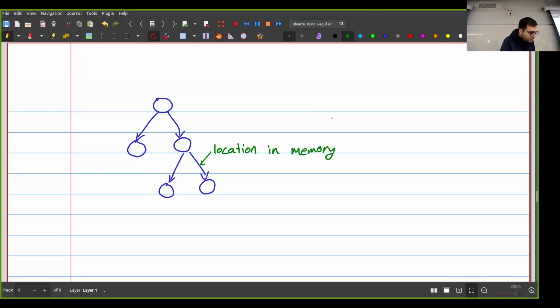So if X is pointing to Y, what X actually knows is where I have stored Y in my memory. Now there is a problem with this kind of pointer, and the problem is that if I change Y, X has no way of knowing that Y has changed.